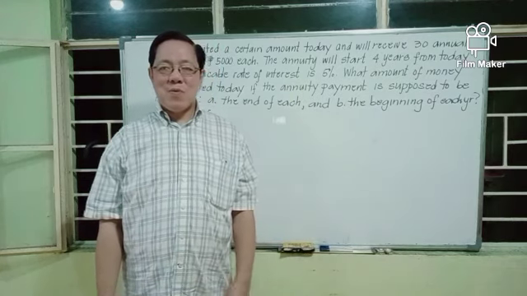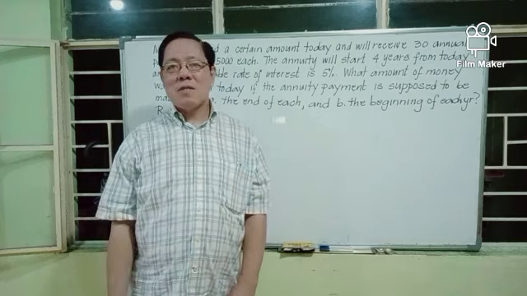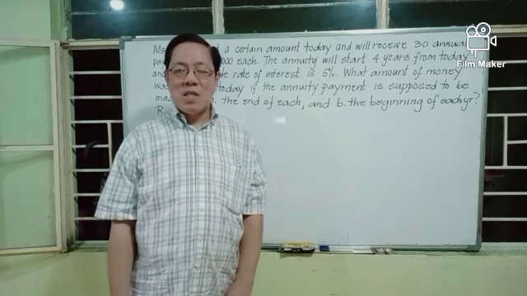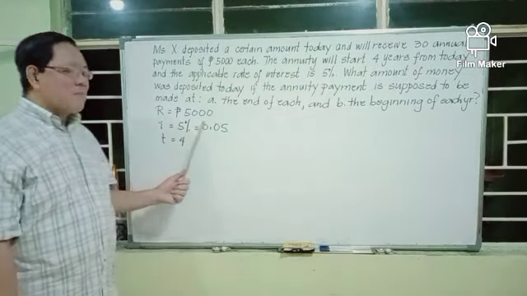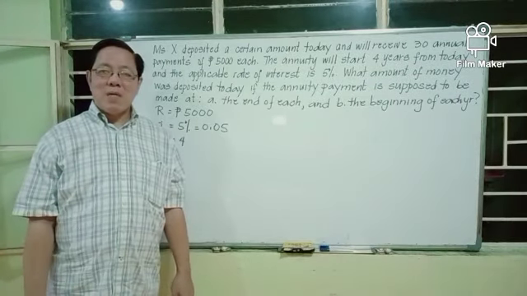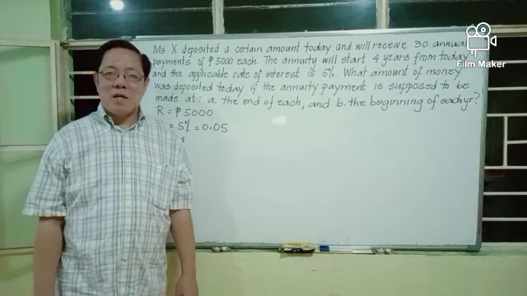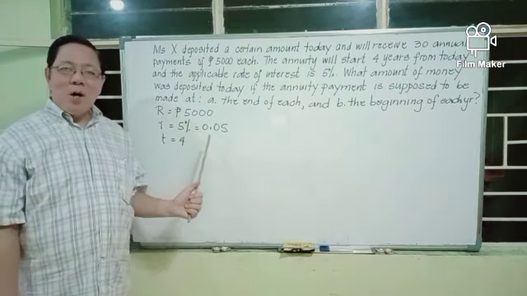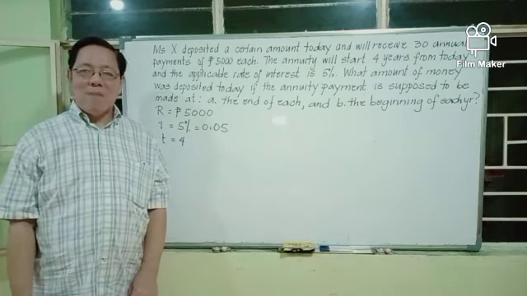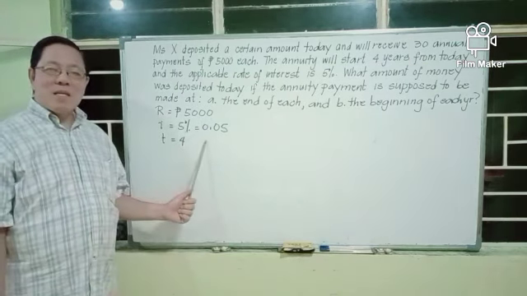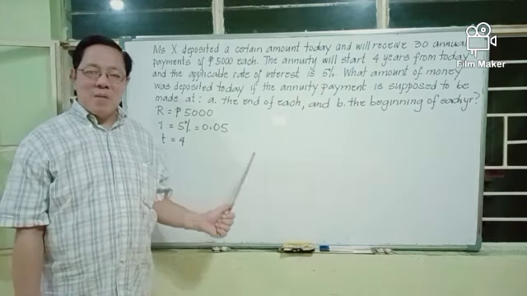Now we write the given information. Capital R is the regular payment that Miss X will receive, and capital R is 5,000 pesos. The regular payment will include the annual interest of 5%, and we always convert the interest rate in percent to a decimal number. Hence, 5% is 0.05.